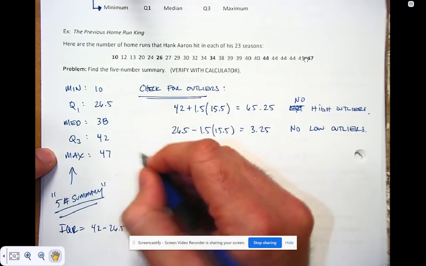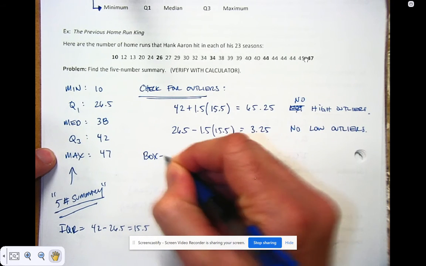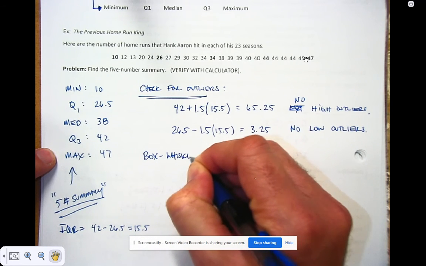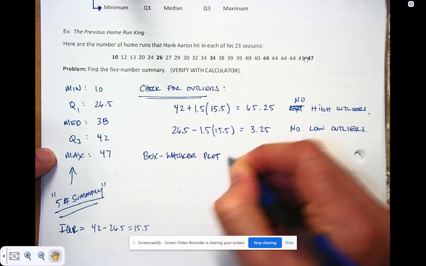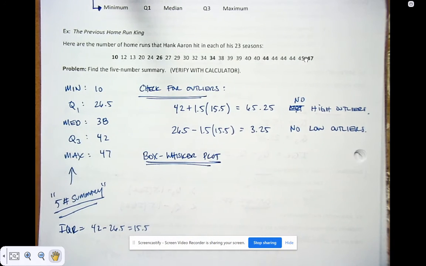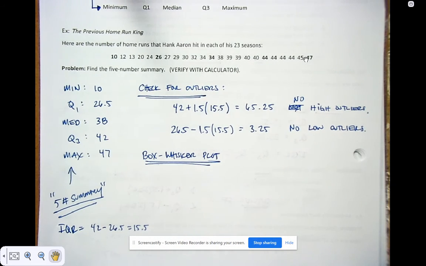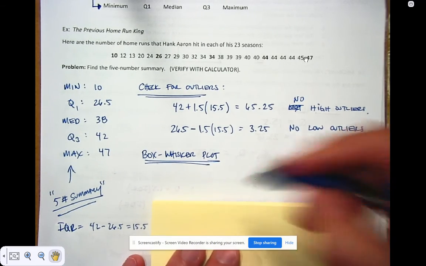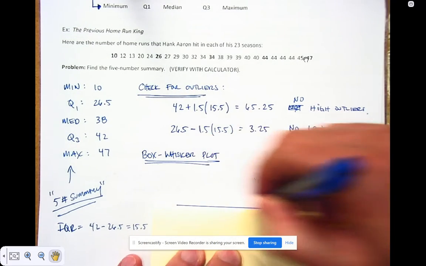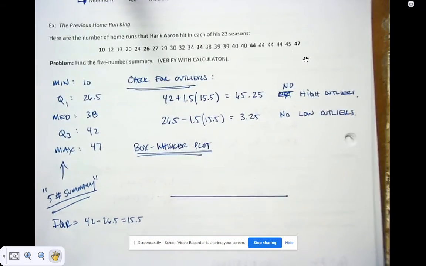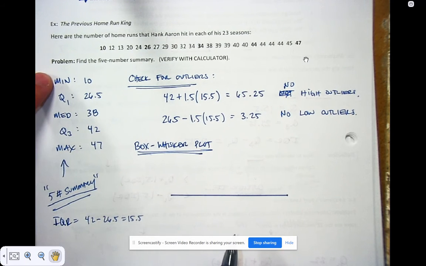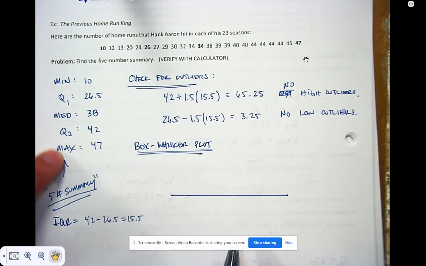And now let's do a box and whisker plot. A box and whisker plot is pretty straightforward. You're going to draw a number line like always. On that number line, we are going to put our minimum values here.